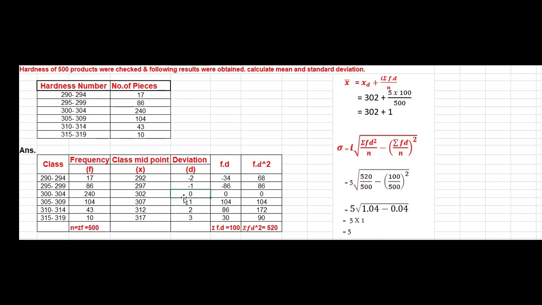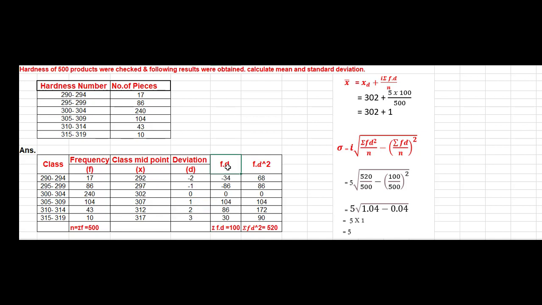On the upper side we define -1 and -2 as the deviation, and on the lower side we define +1, +2 and +3.